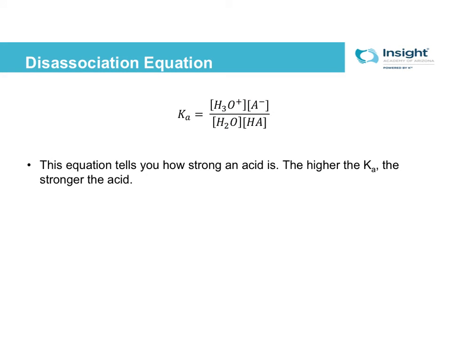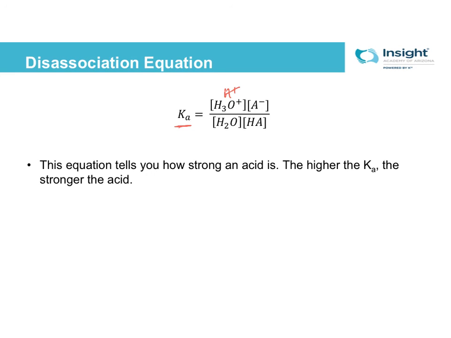Something that you want to know, though you're not going to have to do calculations with it, is the dissociation equation. You can also think of this as a dissociation constant for any given acid. You can calculate its strength and get an actual value by plugging in the concentration of H plus, aka your hydronium ions, times the concentration of the conjugate base, and then dividing by the concentration of your water molecules times the concentration of your actual acid.